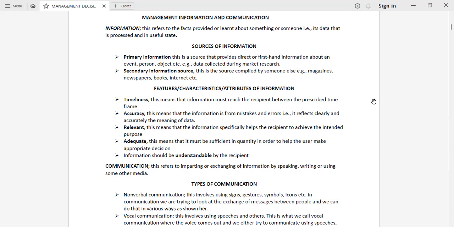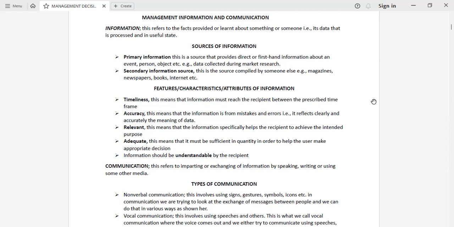It may be by speaking and at the same time written, or by writing, because we are seeing the screen and the information displayed there. Or it may be using any other social media, any media that can deliver information.